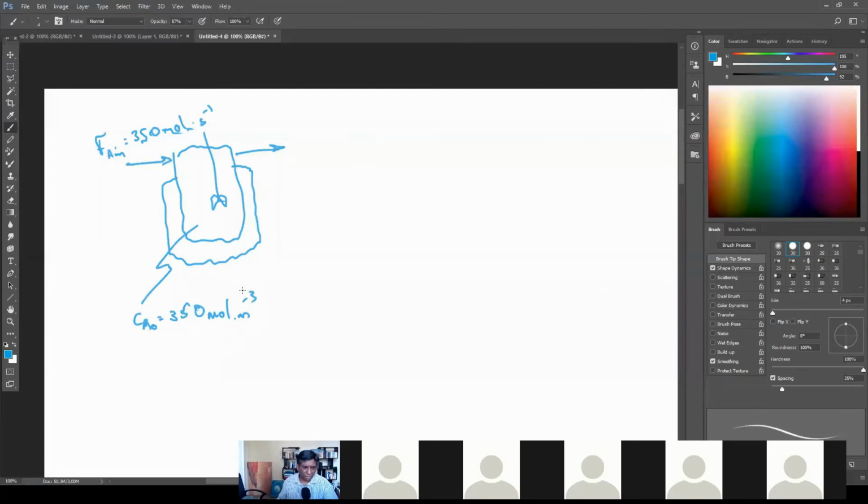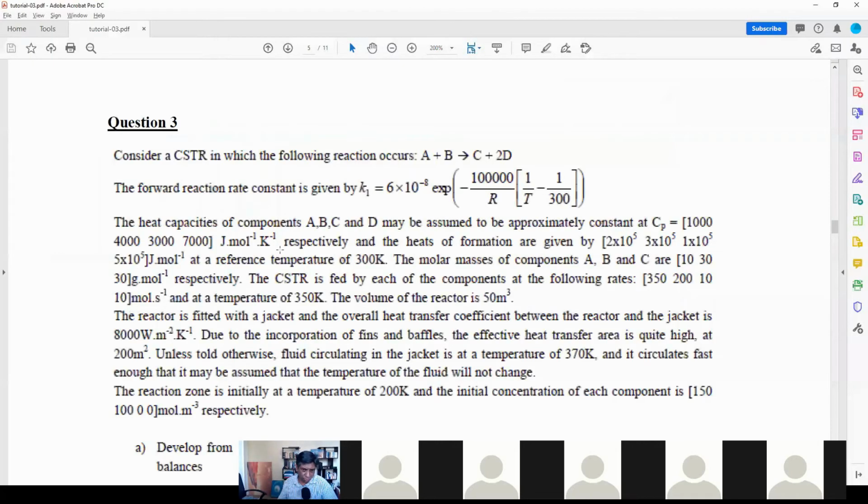This is an error I've been seeing. I'm doing all this because I just want to emphasize that. So here, this is the inlet amount, and behind this, there's also an inlet concentration. So Ca in also exists. Sorry, this is 350.